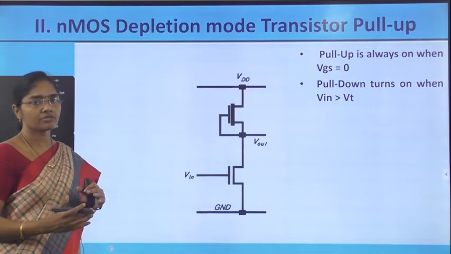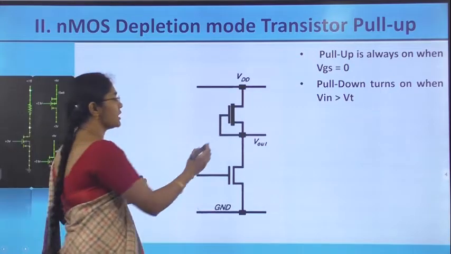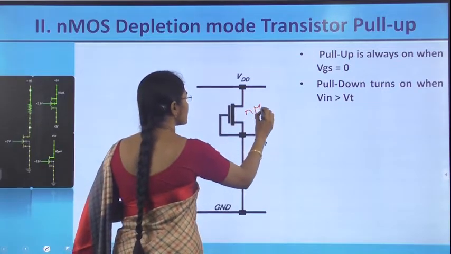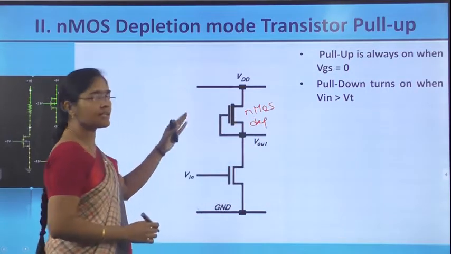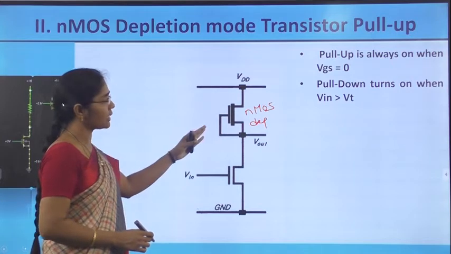First, they have chosen the NMOS depletion transistor as the load device. When this is taken as the load device, what will happen?